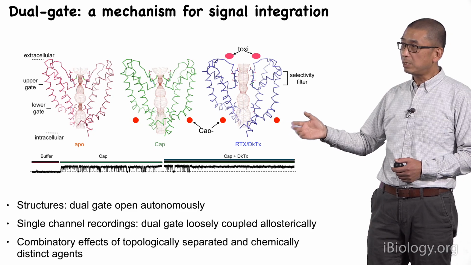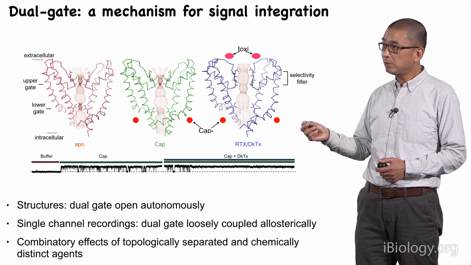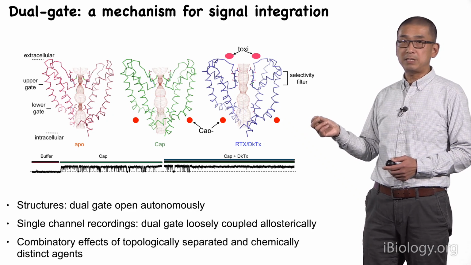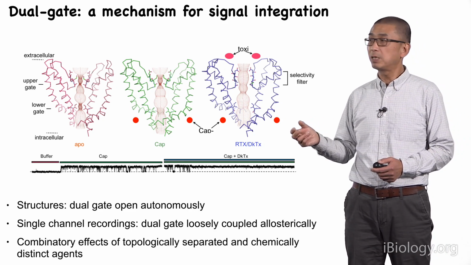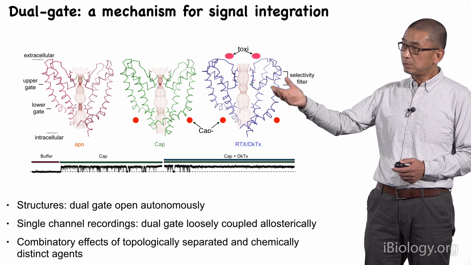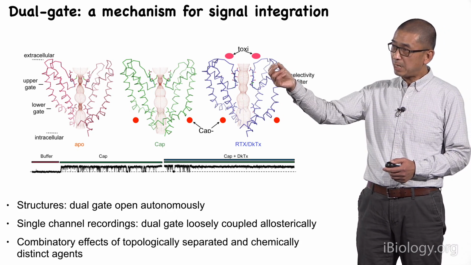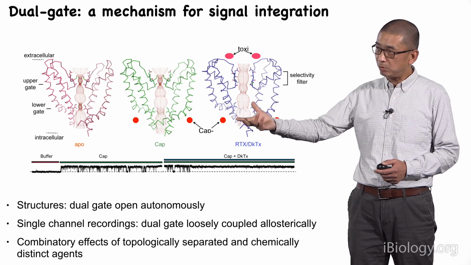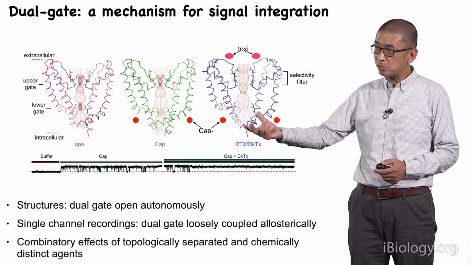Now, in the middle here is the structure of TRPV1 in complex with capsaicin, which is the ingredient in chili pepper that makes your mouth feel hot. You can see the ion permeation pathway showing that the lower part of the channel is in the open conformation.